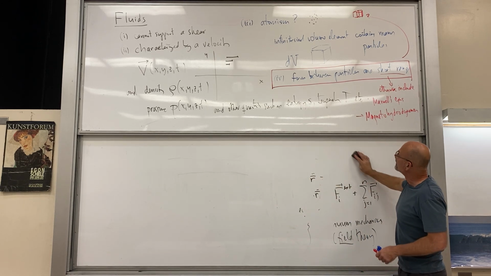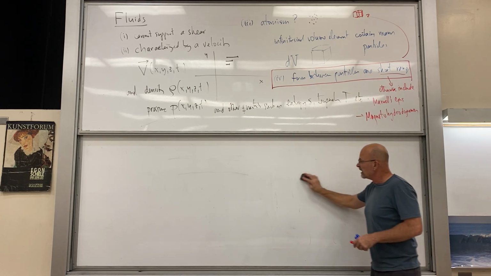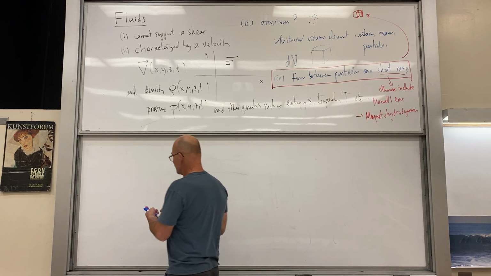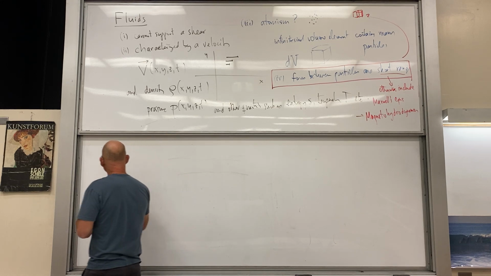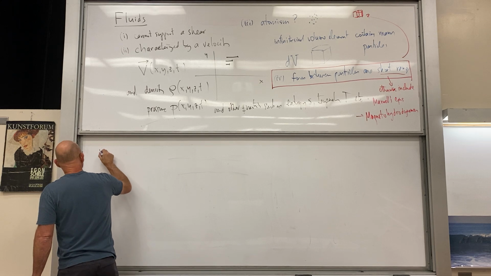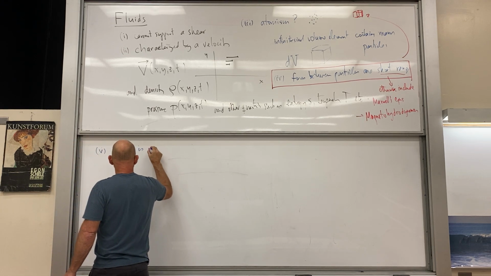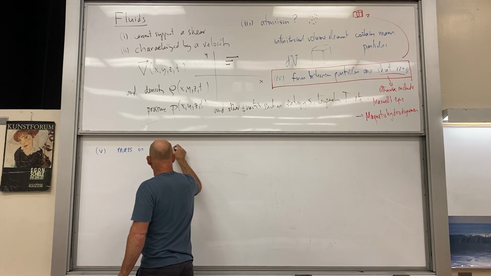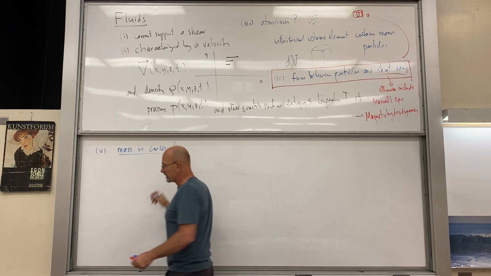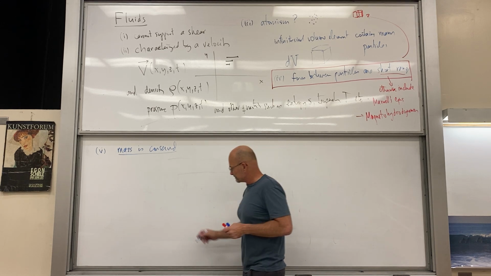We could, in fact, add to this list here, but we'll just start a new heading. So 5, mass is conserved. We're going to start with the idea that mass is conserved in this fluid.